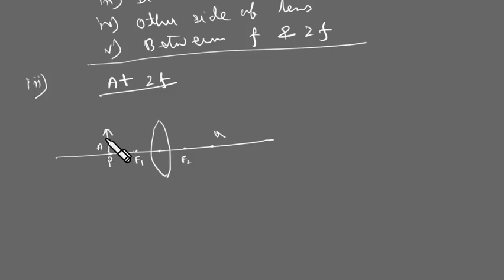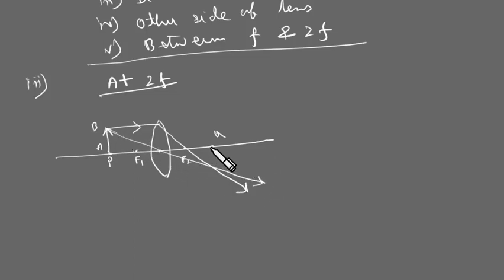At P. I name the object as AB, and then again we will draw two rays, one of which is paraxial, and after getting refracted, the paraxial beam will go through the focus, and then we will take another beam which will go through the optical center, something like this.